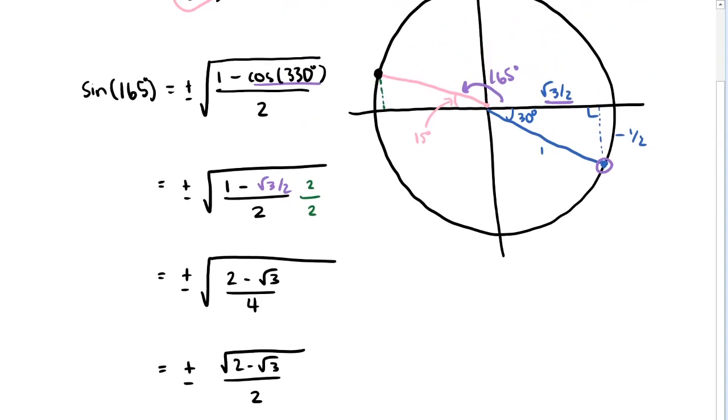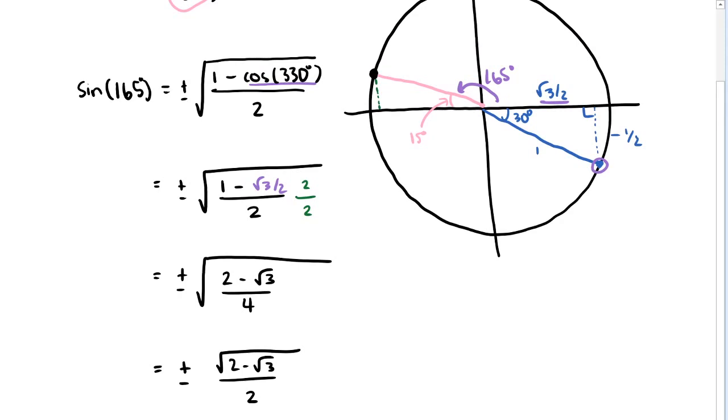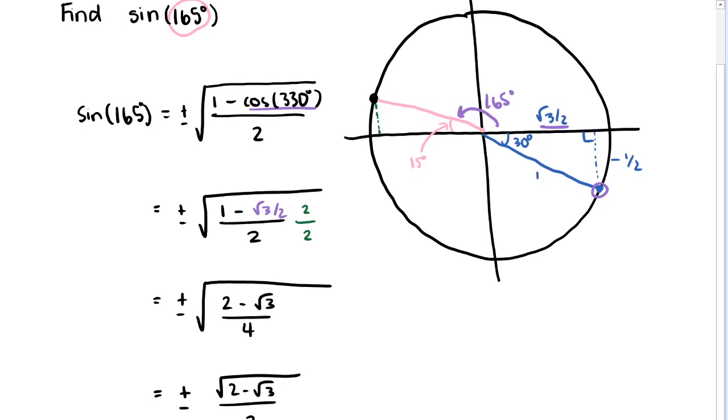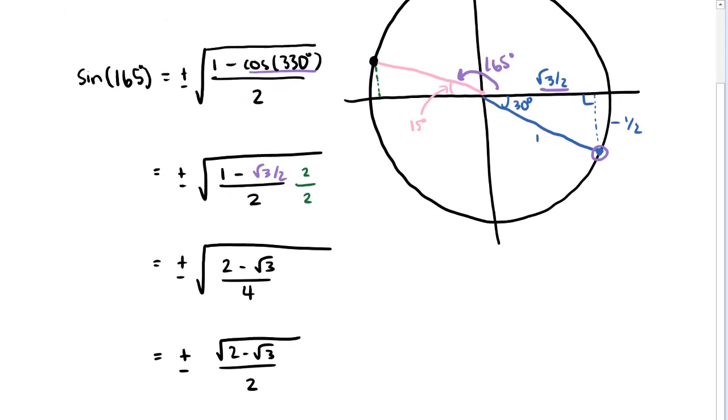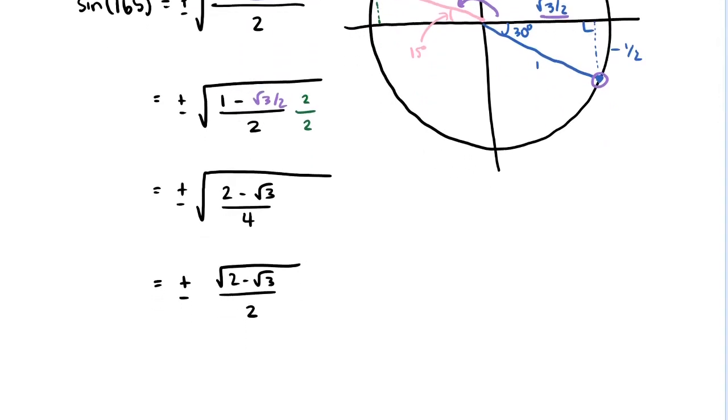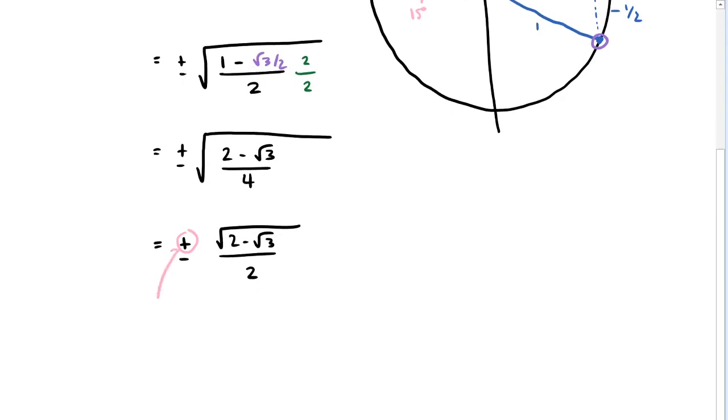And so we drew out this picture of 165 degrees, right? That angle is in the second quadrant. That really means that the y-coordinate associated to that angle is positive, right? So here, because sine is giving us the y-coordinate of that angle on the unit circle, our result here is going to be positive.